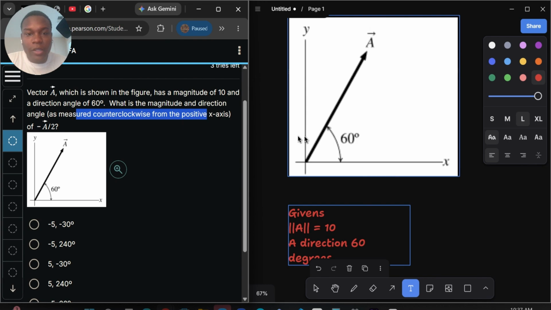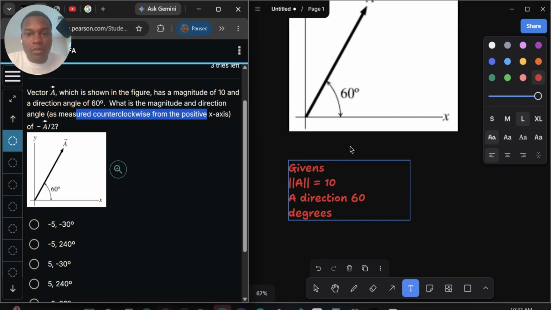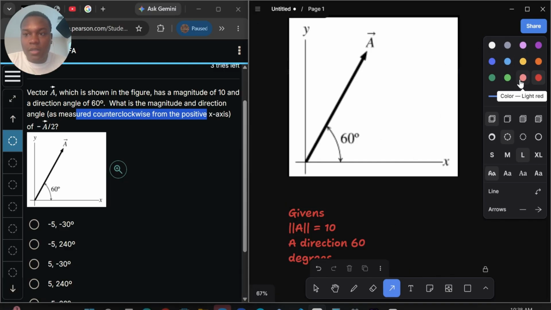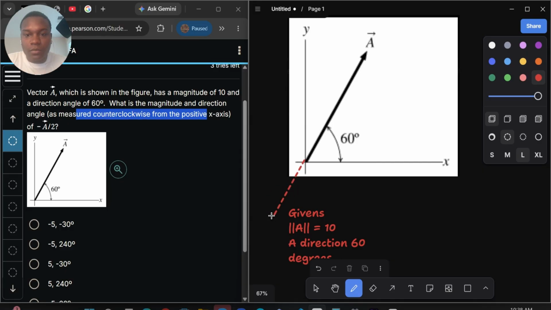So here's the cool part. I believe it's asking, so basically this is A. If you flip A, that's the negative. If you flip A going in that direction, that's the negative. It's asking us to get the inverse.